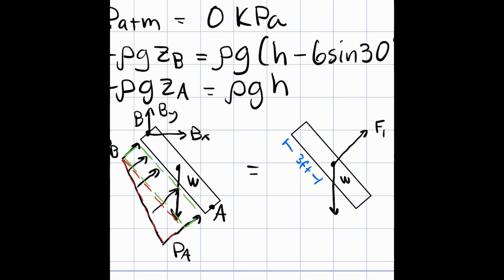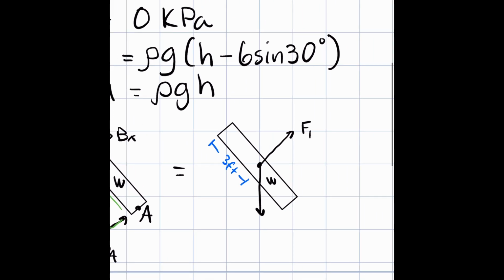And then for the triangular load, we're going to call that F2. And for a triangular load, the load always acts 2/3 along the triangle, closer to whichever side is the maximum. So that is going to act 2/3 along the gate, which we know the gate is 6 feet total, which means F2 right here is going to act at 4 feet along the gate, 2/3 times 6 feet.